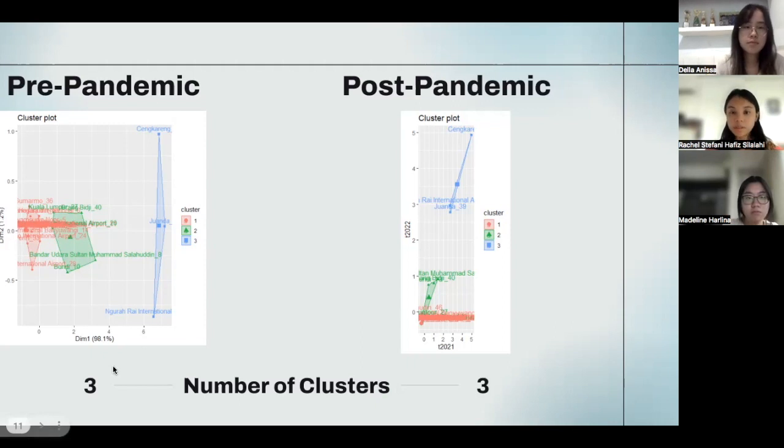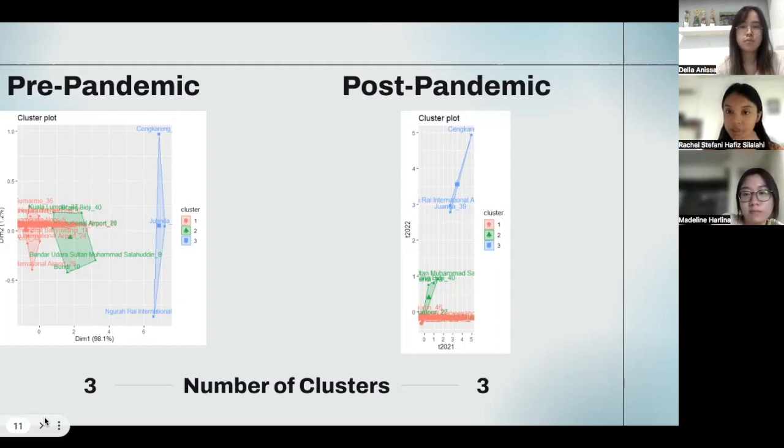And the green one explains that the flights to Lombok are in the average or medium numbers, and the least one is the red one because it is the small one and it's more to the left. And the highest one is from Cengkareng, as what Della mentioned before, because Cengkareng is one of the busiest cities in Indonesia, as it is the capital city of Indonesia.